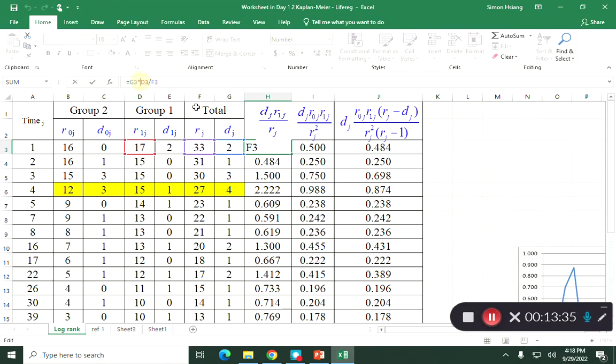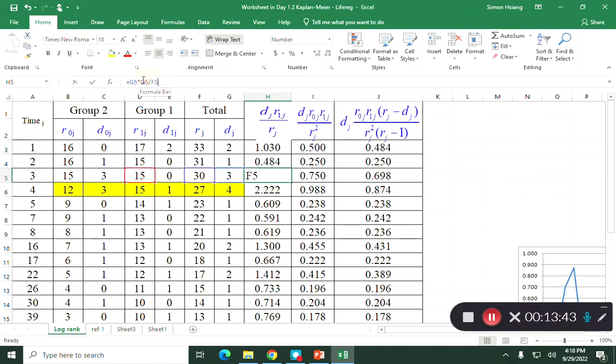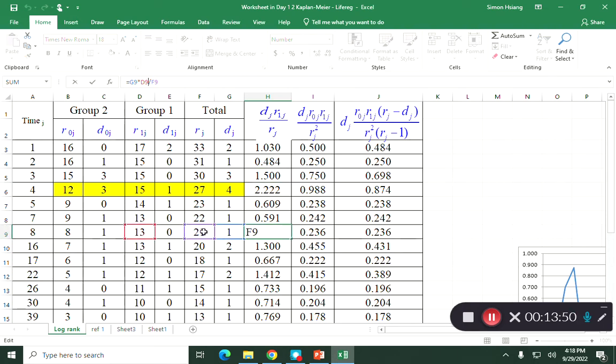First, just look at the ratio behind the two. It's 17 over 33, 15 over 30, 13 over 21: at any given time, totally how many in the two groups, and then the ratio of how many in group 1 or group 2 to play the game.